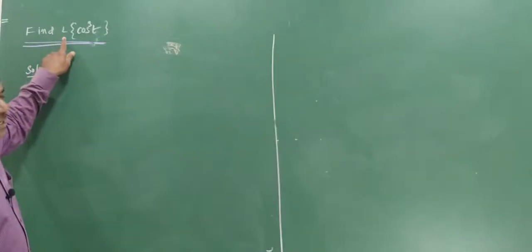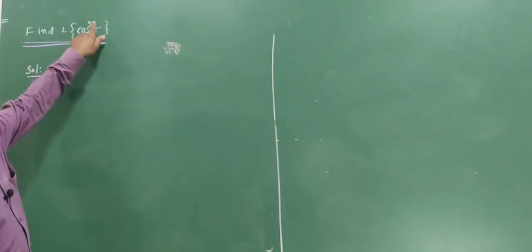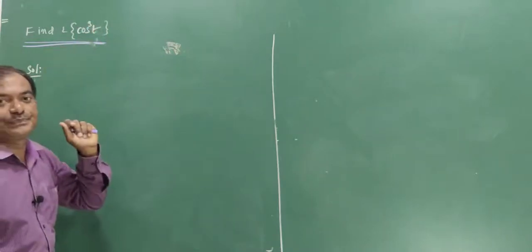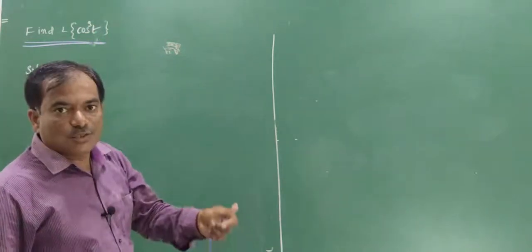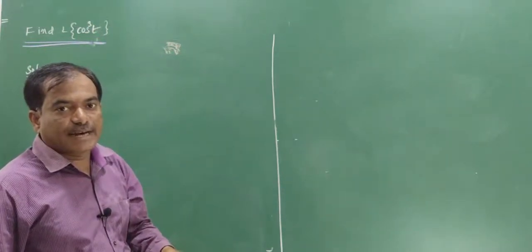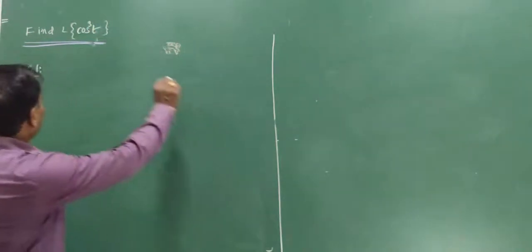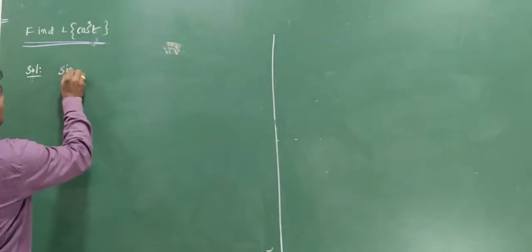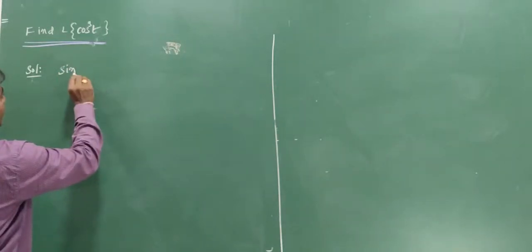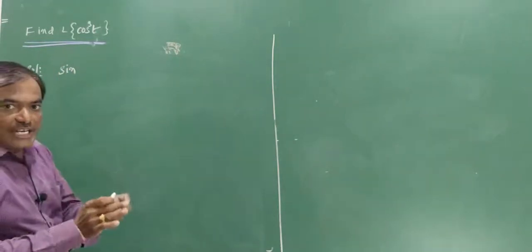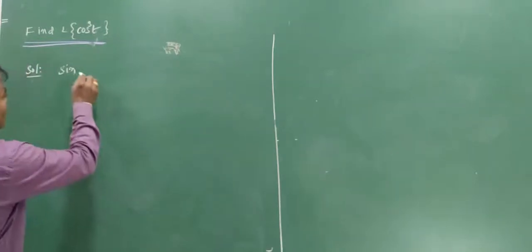Now we discuss the Laplace transform of cos cube t. Similarly, there is no direct formula for finding the Laplace transform of cos power 3t. This cos power 3t can be converted into terms of cos only.